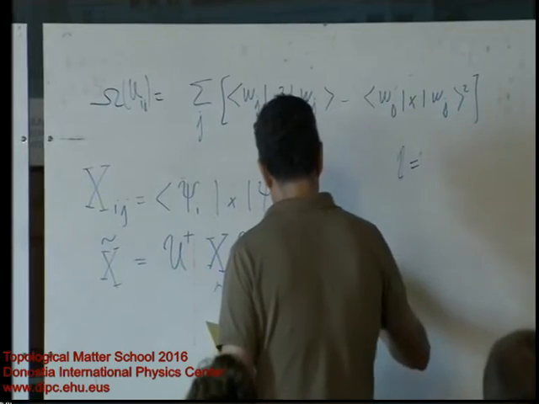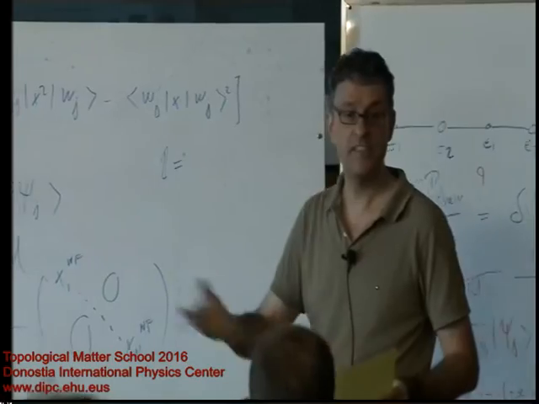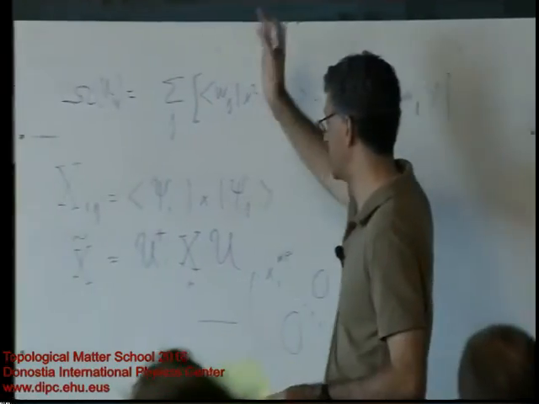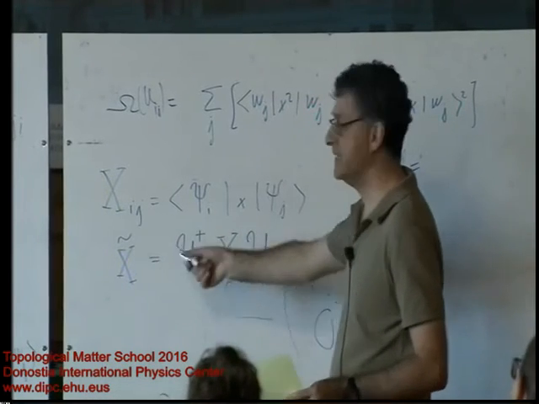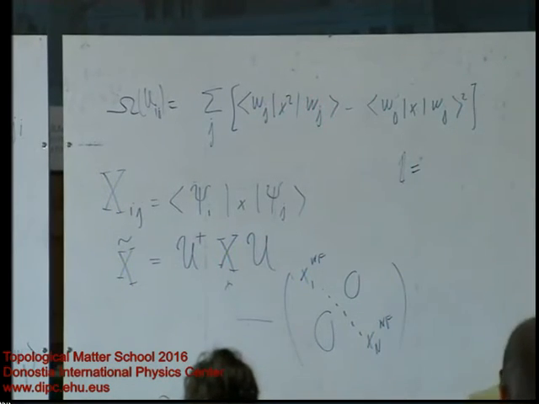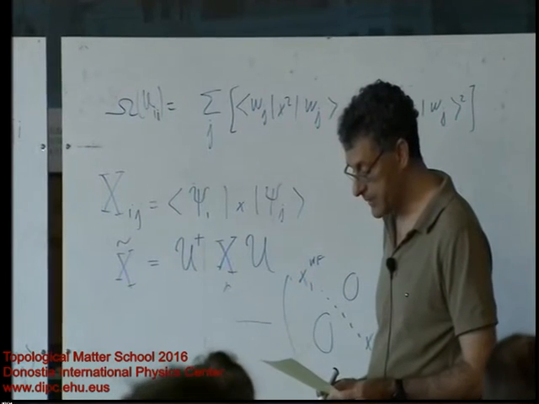In a tight binding code, this is a completely trivial procedure, right? You just have a finite Hamiltonian matrix, you get your eigenstates, you sandwich X between them, and then you diagonalize, and then your eigenvalues are the centers of your orbitals. Okay.